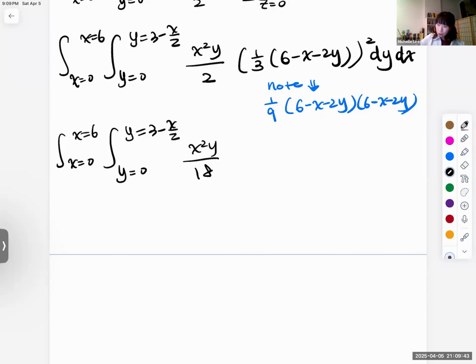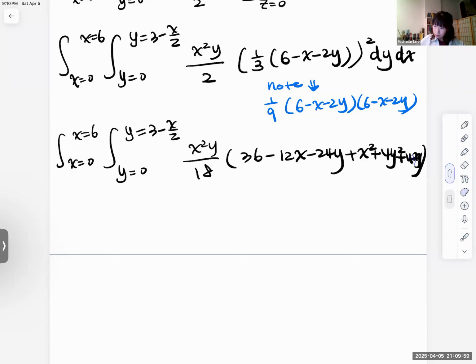And then we will have 36 minus 12x minus 4y plus x squared plus 4y squared plus 4xy. Whew. Okay, hold on one second.